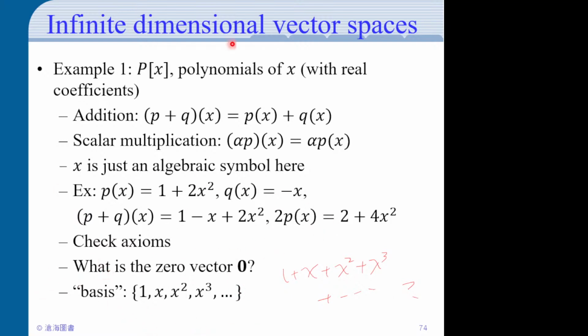So that the dimension is infinite is quite provable. But to define a basis, there are different ways to define a basis for an infinite dimensional vector space. We're not going into details here, but just know that it's complicated.